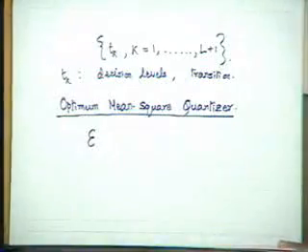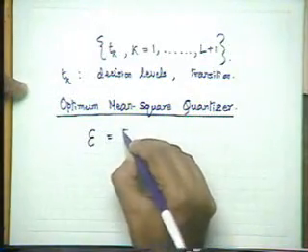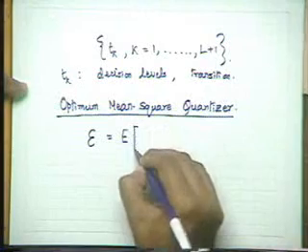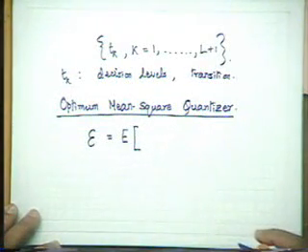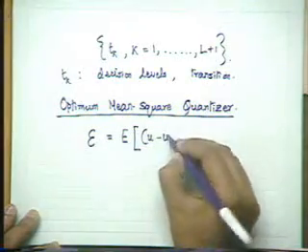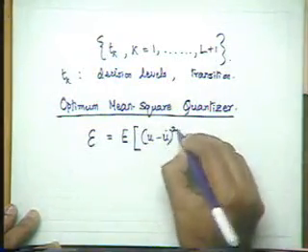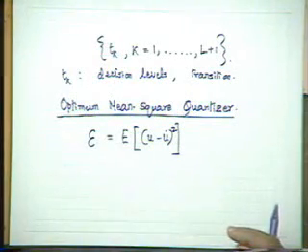If we say that E is the mean square error, then we write E as the expectation of u minus u dot squared. I told you that the error could be positive or negative, so it is better to take the square of that expression. So, expectation of u minus u dot squared.